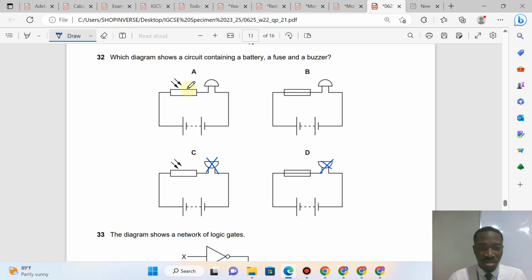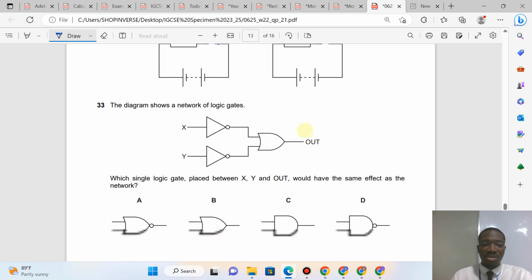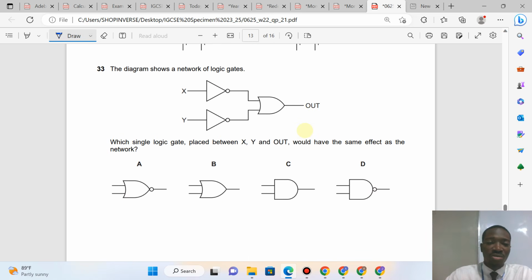That is the symbol of a photoresistive material. So the only correct answer is option B. In option B, we have a fuse, the buzzer, and the battery. That makes B the correct answer to question 32.